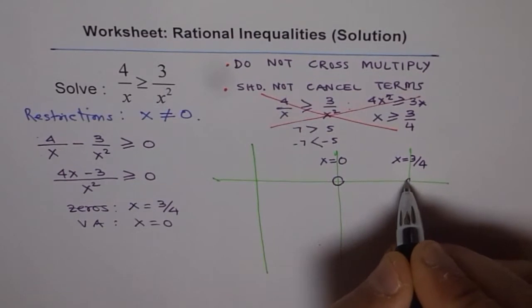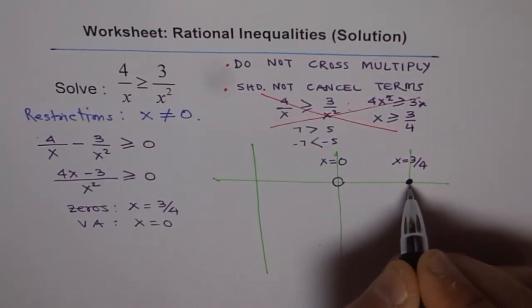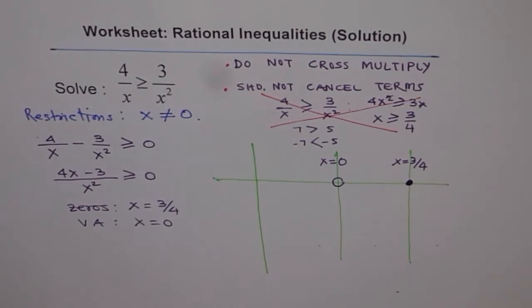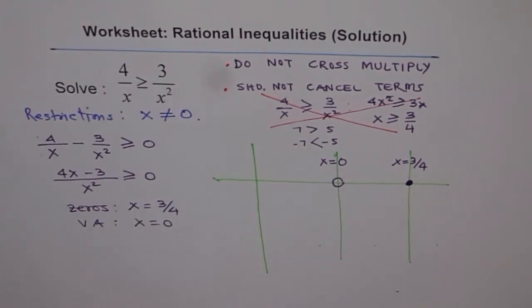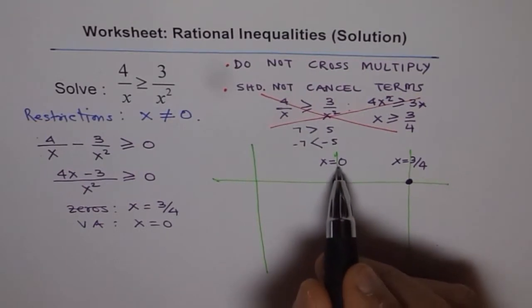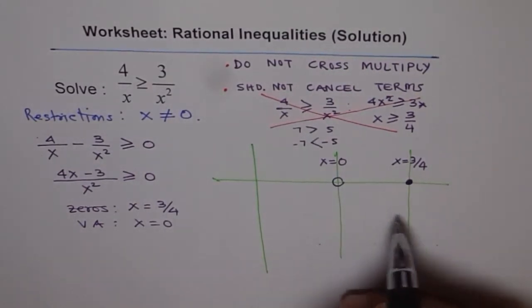So I'll draw a filled-in hole saying that this is a 0 and it could be a part of my solution. But this cannot be a part of my solution, right? That is a restriction, correct? That's how it is.